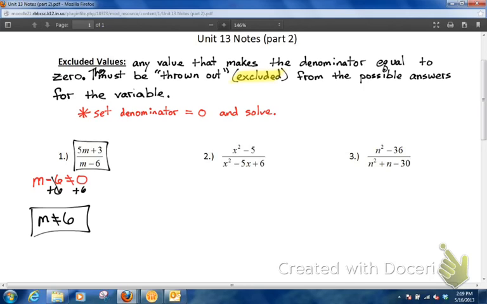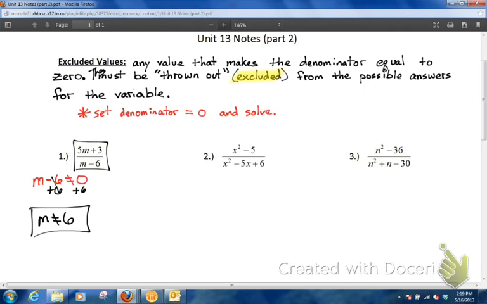M cannot equal 6, because if m was 6, you'd have a 0 in the denominator, and you can't have some number over 0, because that's not possible. You're not allowed to have 0 in the denominator. So that's what an excluded value is: a value for your variable that cannot be allowed because it would create a 0 in the denominator.